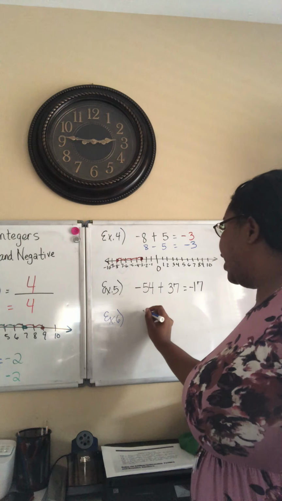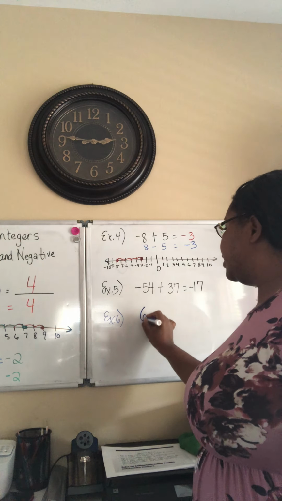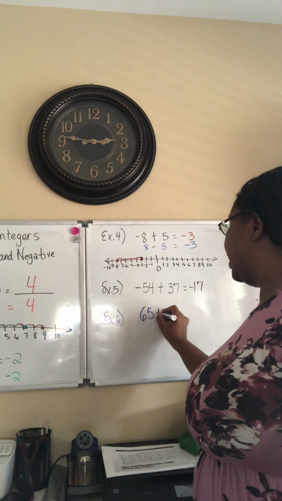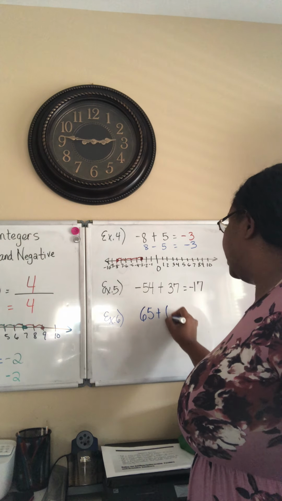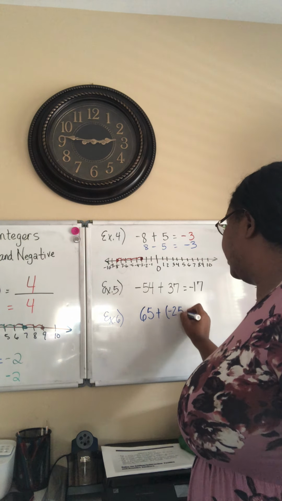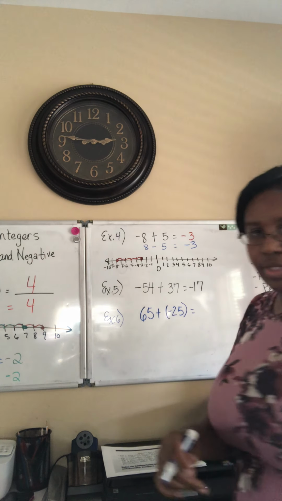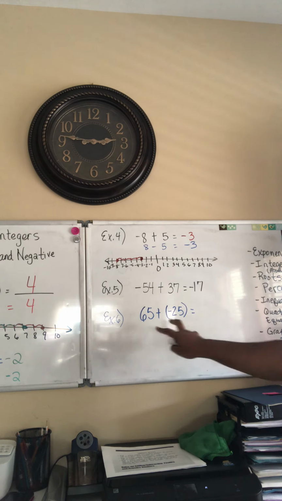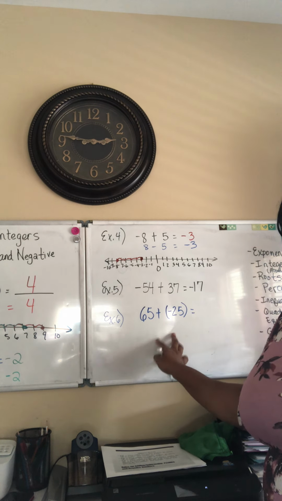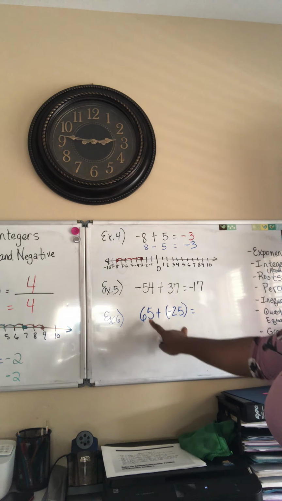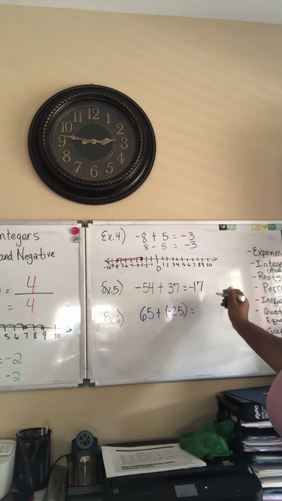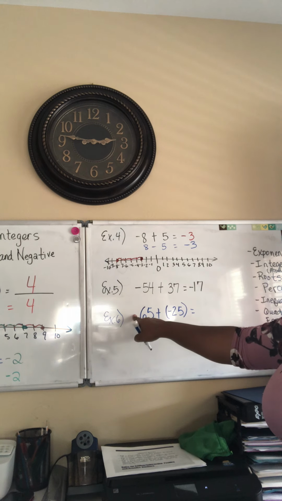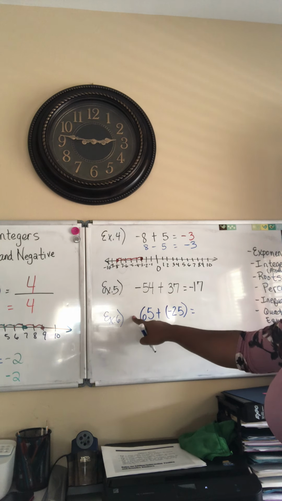Okay, so let's say we have positive 65 plus a negative 25. All right. So one thing I used to teach my students to do is to look at the two numbers and go ahead and determine the sign of the answer. Well, 65 is bigger, so I know it's a positive. Remember, if it does not have a negative, it is always positive.